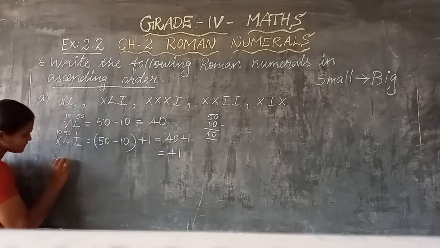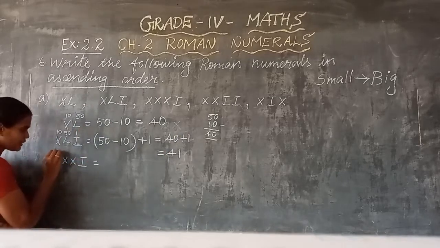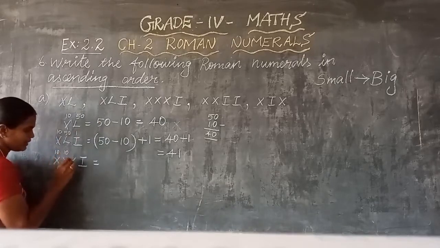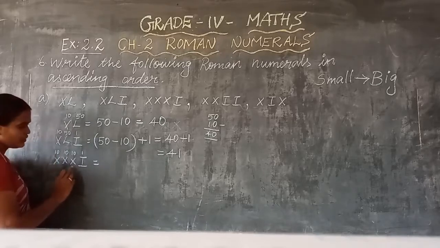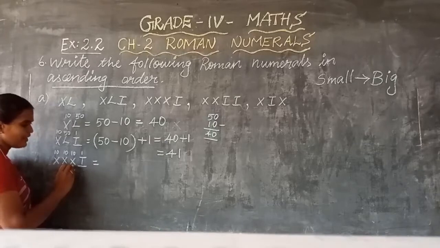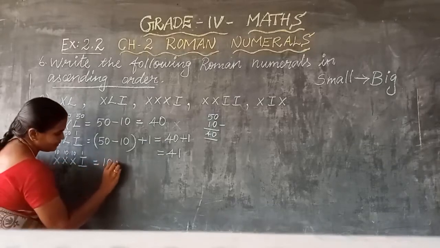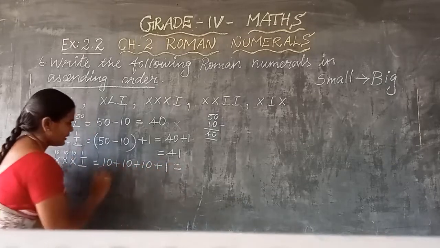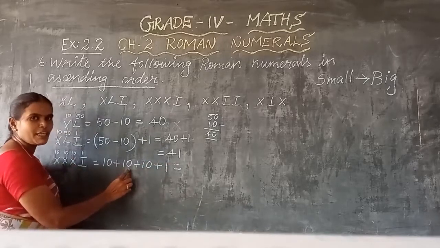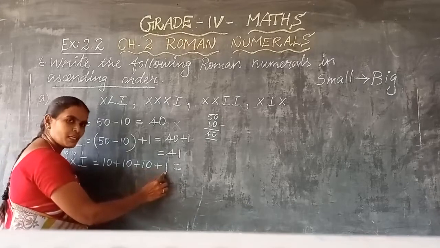Next, XXXI. X value 10, X value 10, X value 10, I value 1. So repeated means addition. Here X is the greatest number, right side we have the small number, means addition. So add 10 plus 10 plus 10 plus 1. 10 plus 10, 20. 20 plus 10, 30. 30 plus 1, 31.